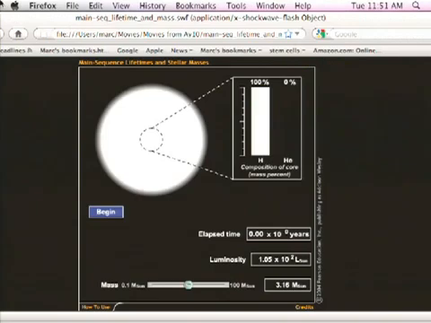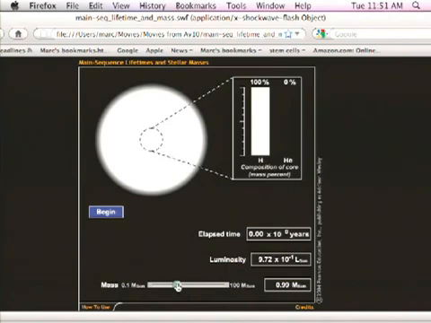Okay, so I think we saw this the other day. Suppose we're dealing with a star that weighs just about that of the sun. The mass of the star is dialed in here. I dialed it to about the mass of the sun.